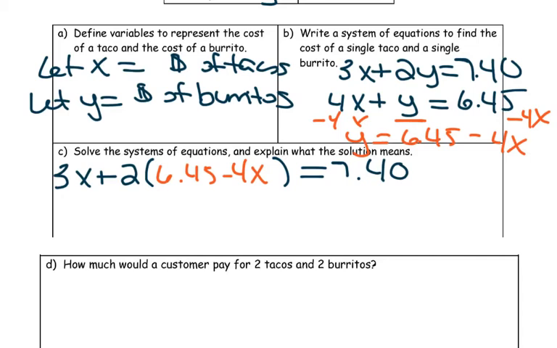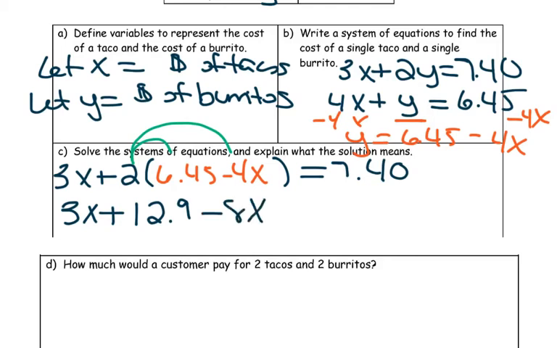Something to notice here is that in my equation, I'm only solving for one variable at the moment. So I have 3x plus 2 times 6.45 would give me 12.9. And then multiplying 2 and negative 4x, that would give me negative 8x, equals 7.40.